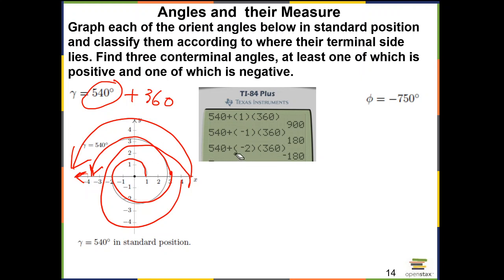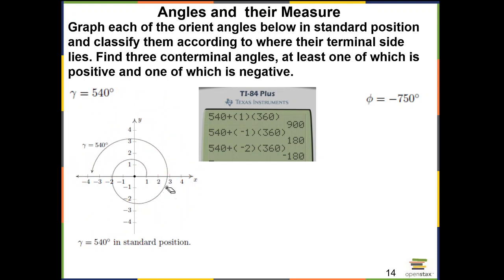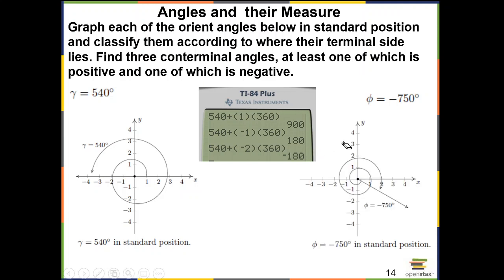Or I can subtract 360 twice, and I get negative 180. Negative 180 is right here. That's coterminal too. So you can easily find all the coterminal angles to 540. You do the same thing for the other one yourself. Okay? Do exactly what I did. Yeah, you can use a calculator.